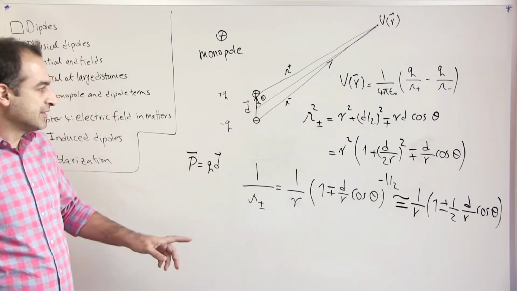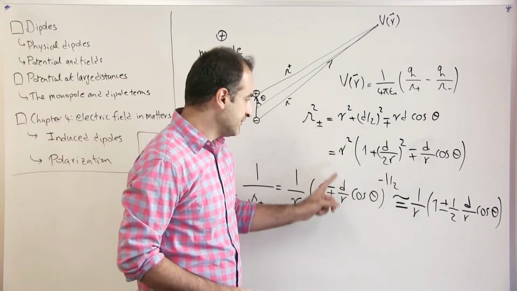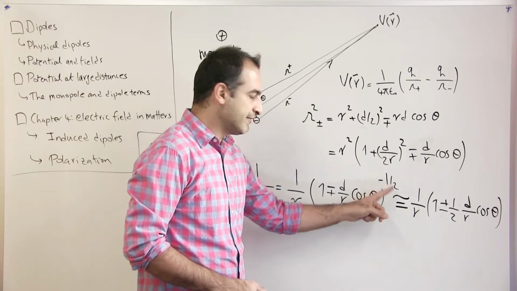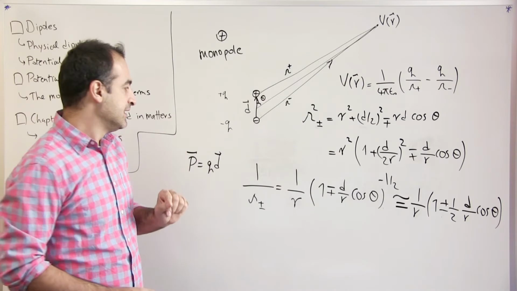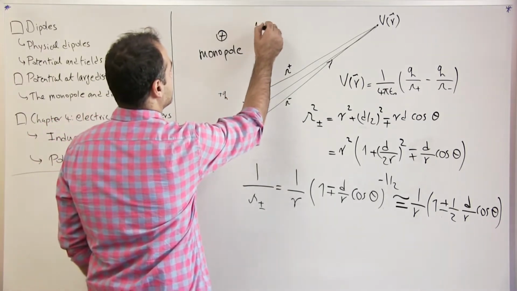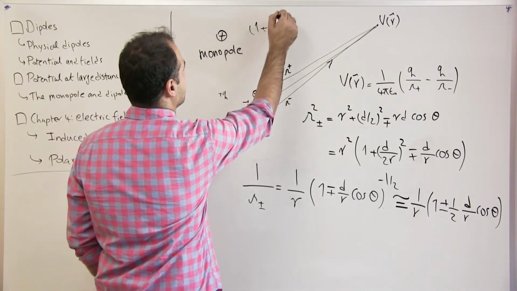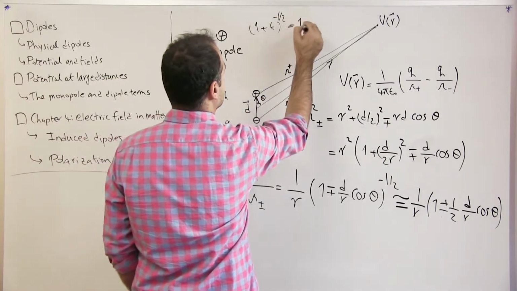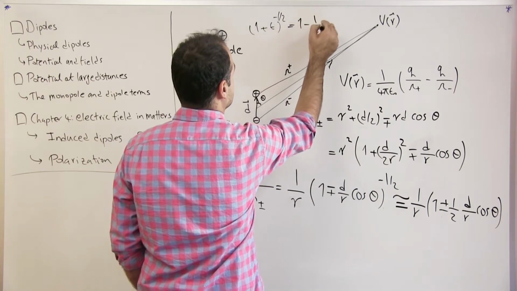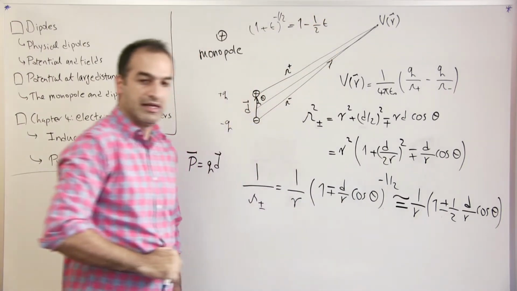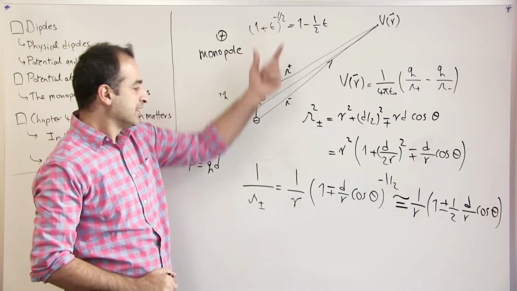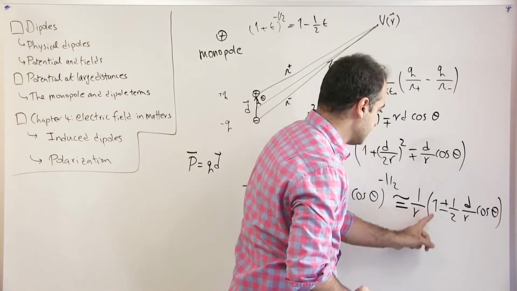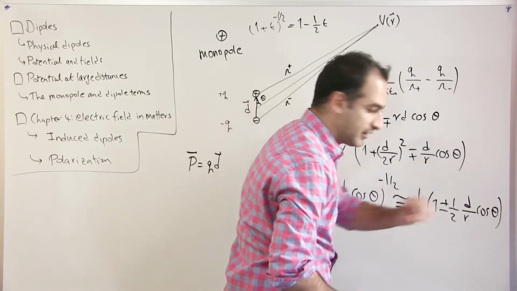So I did one approximation here. I got rid of D squared over R squared, and then we have the whole term here to the power of negative 1/2. If you have 1 plus epsilon to the power of negative 1/2, and you expand it and only keep the first term, you get 1 minus 1/2 times epsilon. I did a similar thing. Imagine the whole thing here is epsilon. Then here we get 1 over R, 1 plus minus 1/2 D over R cosine theta.